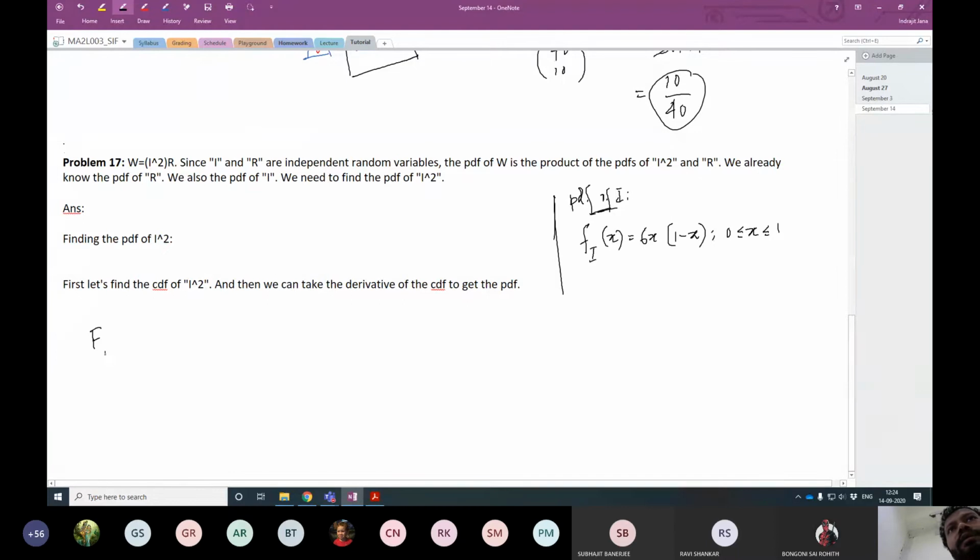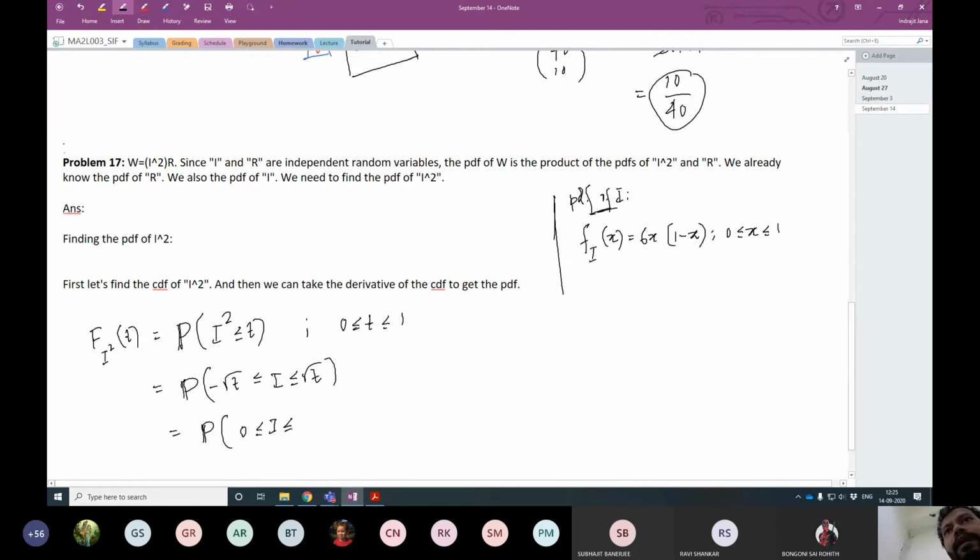So we have, let's call this F of I square at t, which is by definition the probability that I square is less than or equal to t. That is the probability that negative square root of t is less than or equal to I, which is less than or equal to square root of t, which is the probability that 0 is less than or equal to I less than or equal to square root of t.